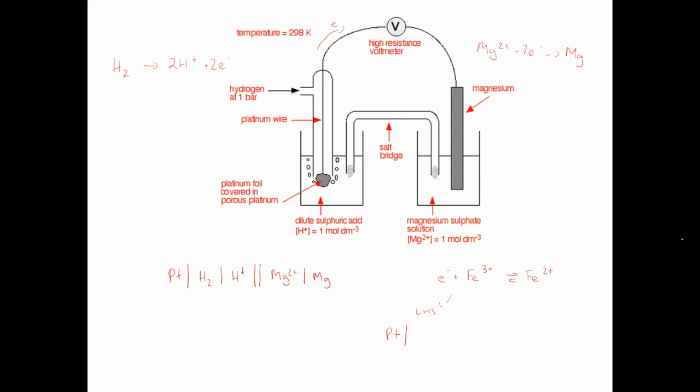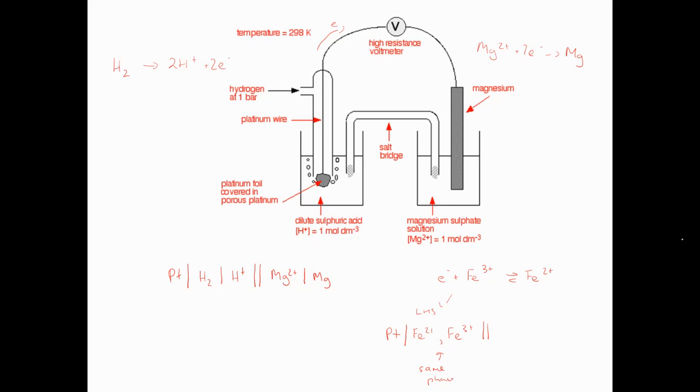So the platinum would be, and then Fe2+, and because they're both in aqueous solution, there are no phase boundaries. If they're in the same phase, normally a solution, then you put a comma. Then you've got the salt bridge, and then you'd have the other side.